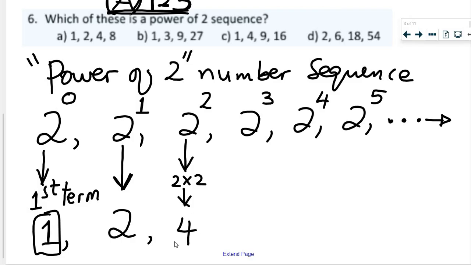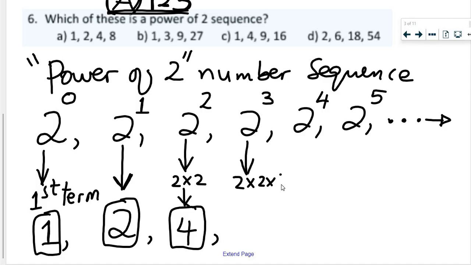So powers of 2 are 1, 2, 4, keep going. 2 power 3 is 2 into 2 into 2. This makes 8.